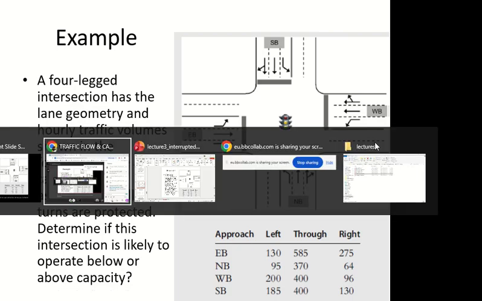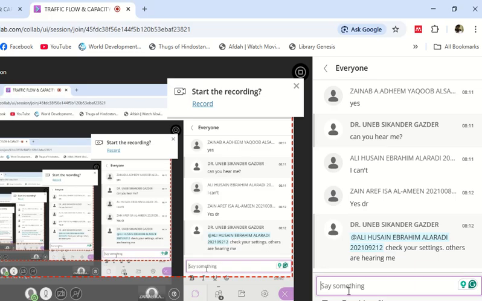So the first pair is eastbound through and right plus westbound left.